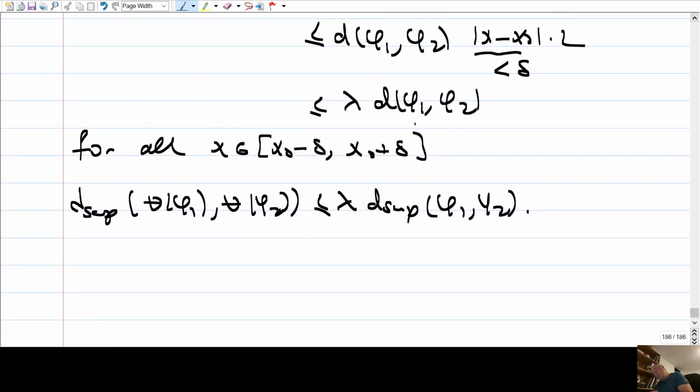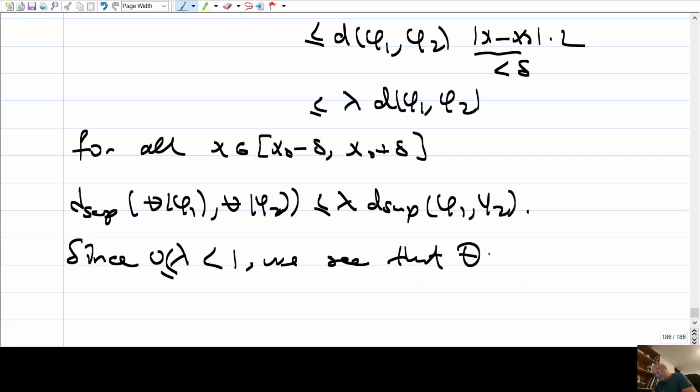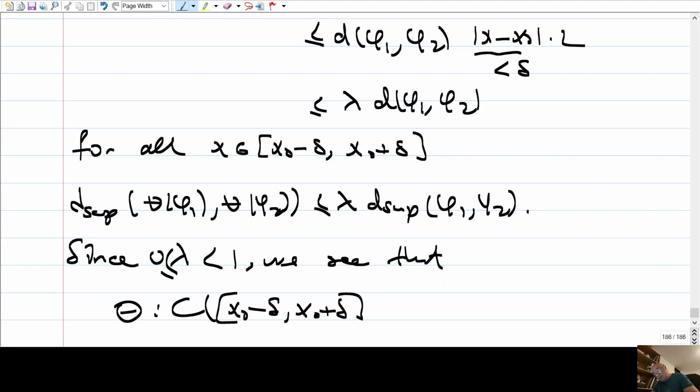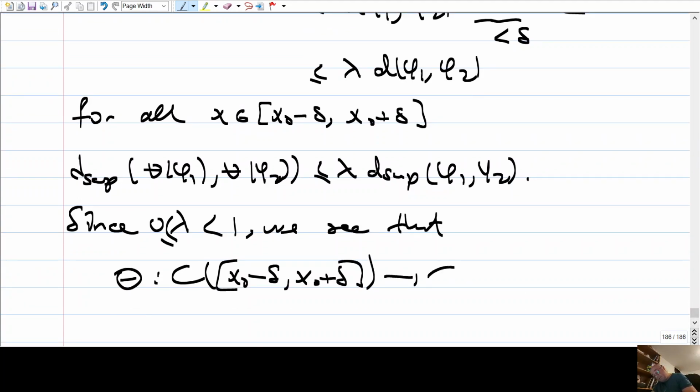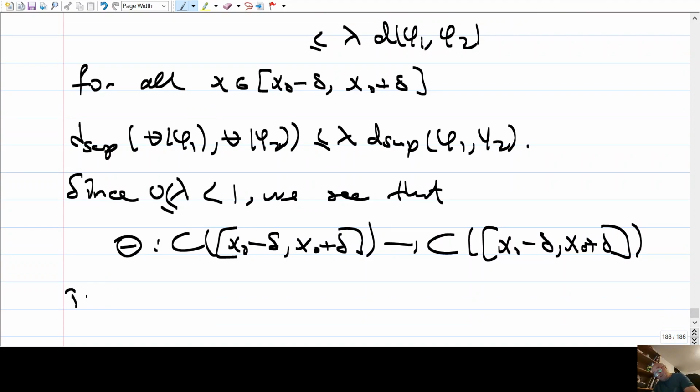Okay, and since lambda is less than 1 and positive, we see that this theta, it's a continuous map defined on the space of continuous functions on this interval, is a contraction mapping.